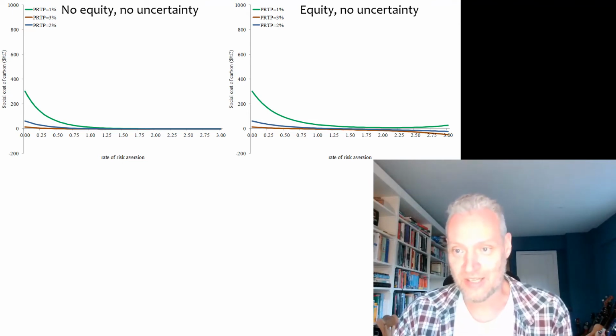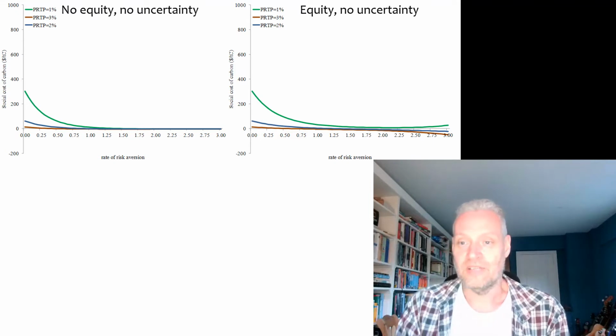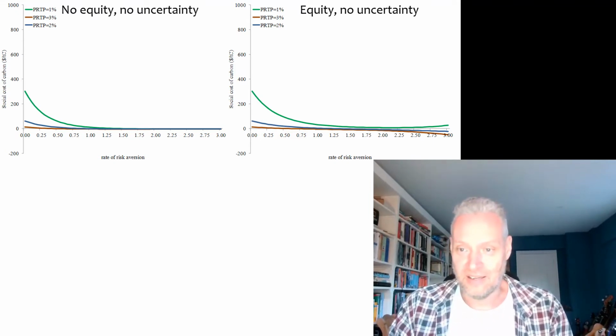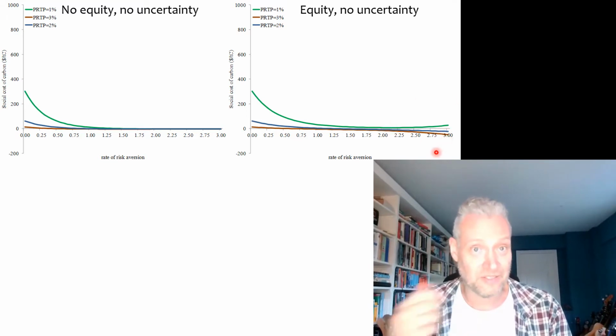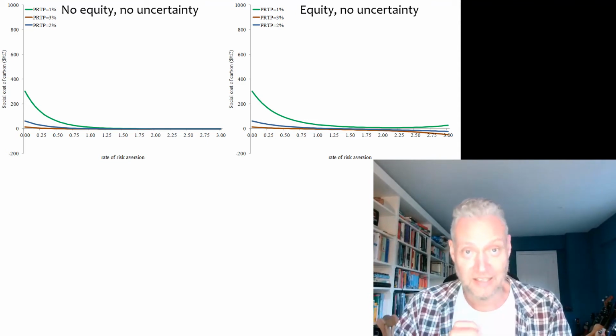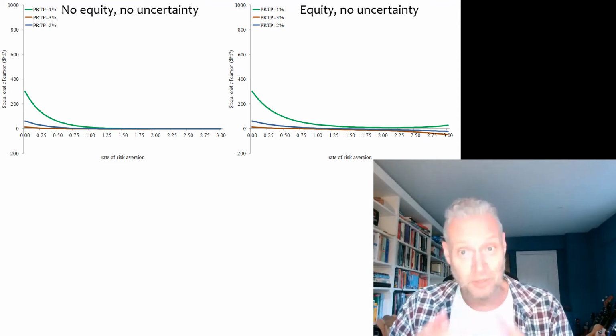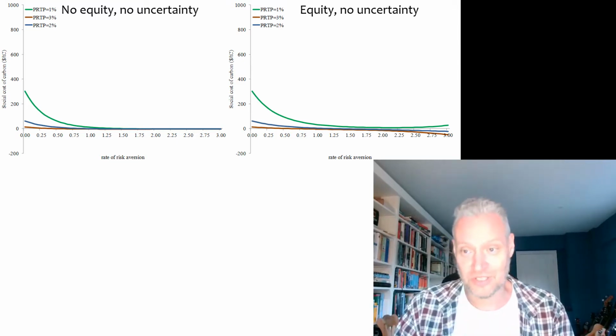Now, how can this be? Well, we are in a part of the parameter space where we discount the future pretty hard, right? The rate of risk aversion, the eta in the Ramsey rule, is pretty high, and our pure rate of time preference is pretty high, and we put a lot of emphasis on the poor.